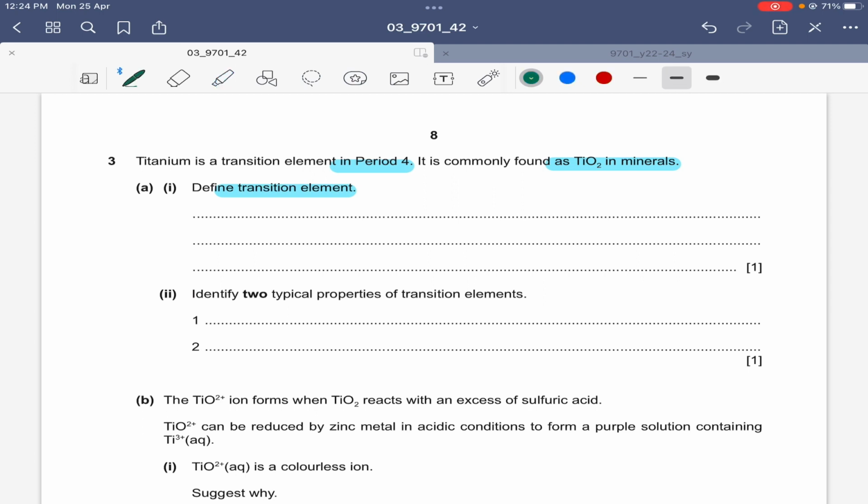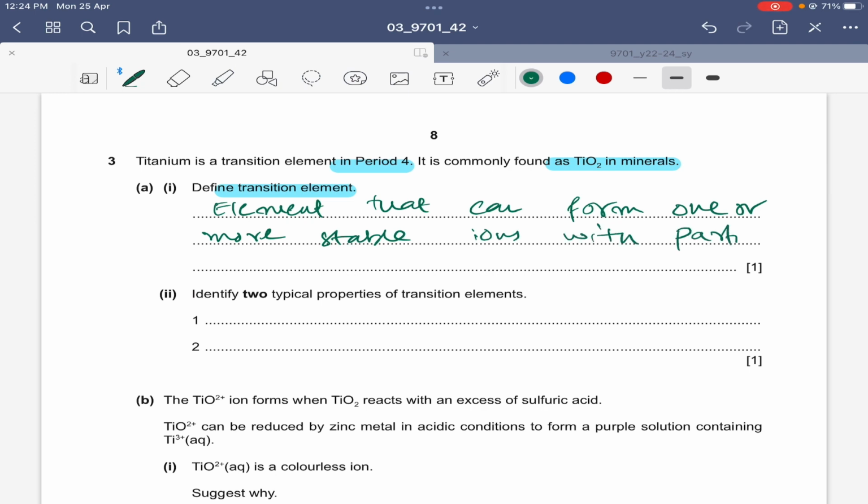An element that can form one or more stable ions with incomplete or partially filled d subshell. Right, so this is the definition of transition elements.